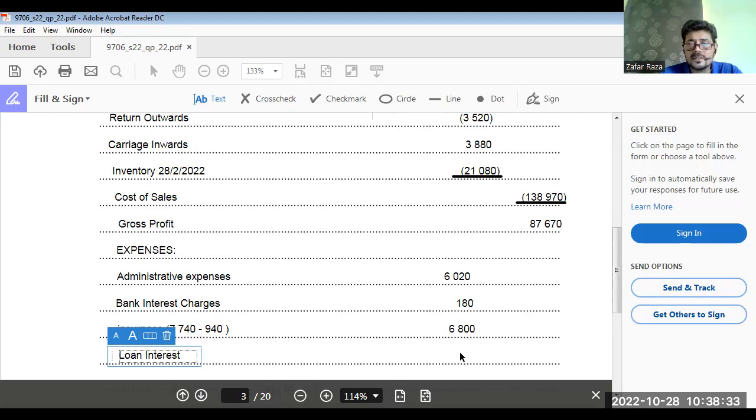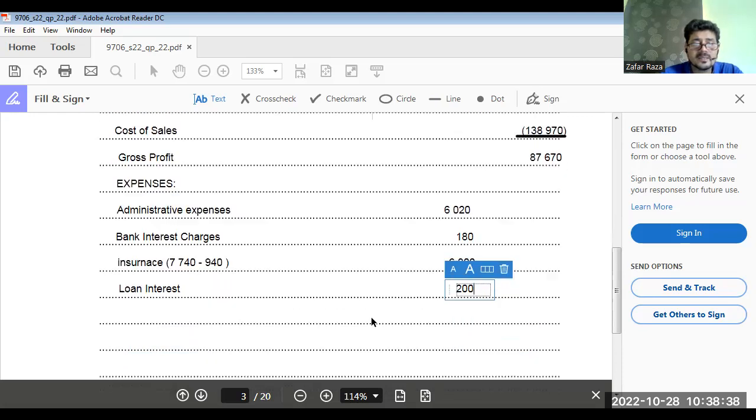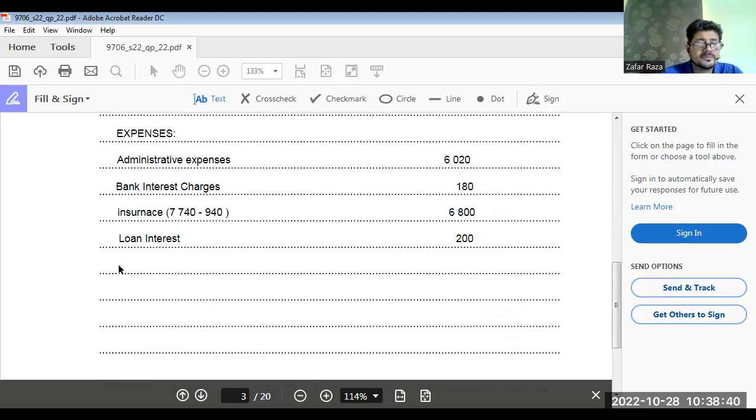Loan interest, 200. Then insurance, loan interest. Okay. Then depreciation, that was 20,800.